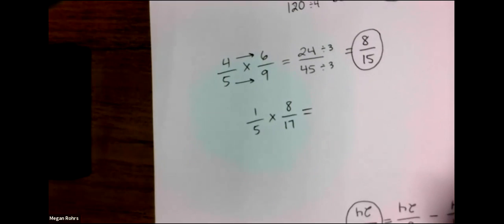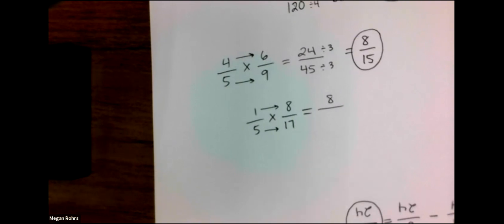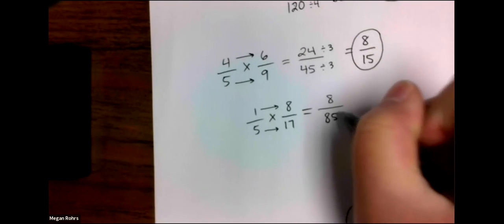One more example with multiplication. Say 1/5 times 8/17. So we'll make it a larger denominator there. So once again, if you ever see multiplication, just multiply straight across. 1 times 8 is 8. 5 times 17, need my calculator for that one, 85.